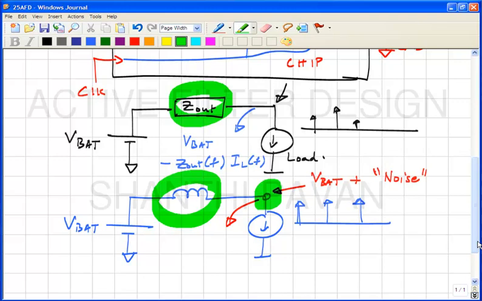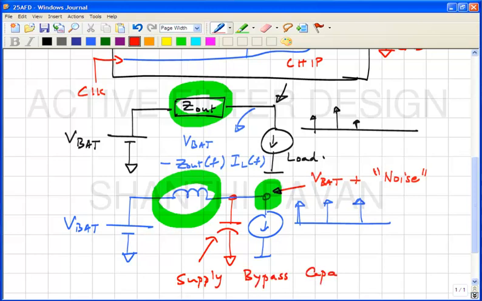Okay, so you need somebody to provide those spikes, and what do you think? You can put a capacitor, right. So, a fix for this problem is to put what is called a supply bypass capacitor.